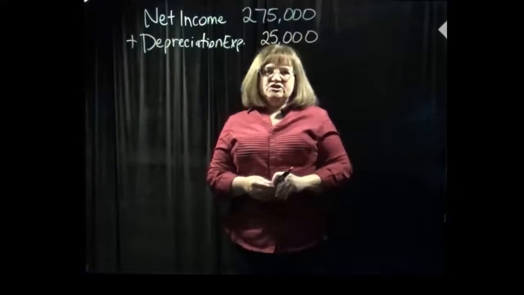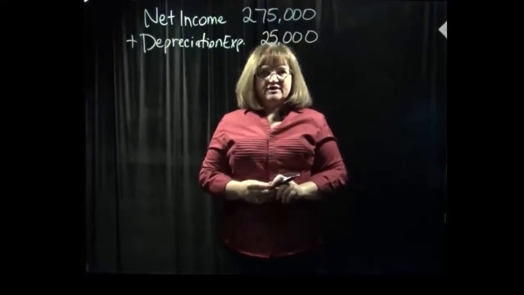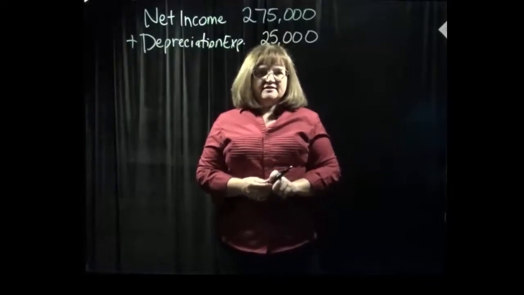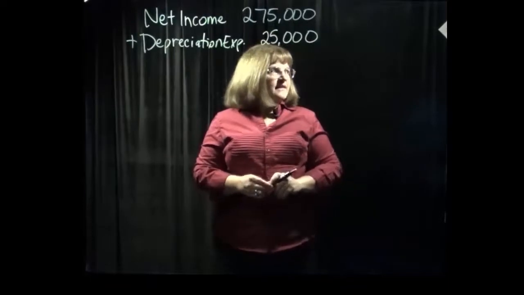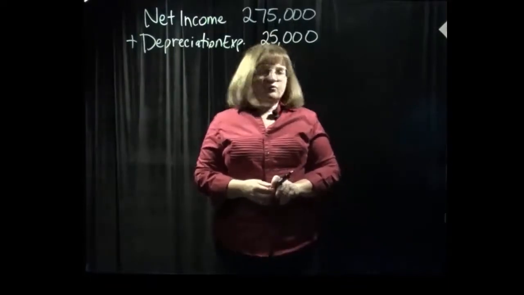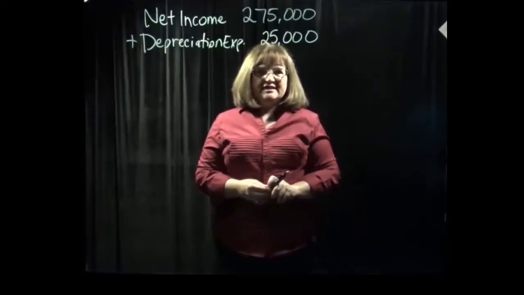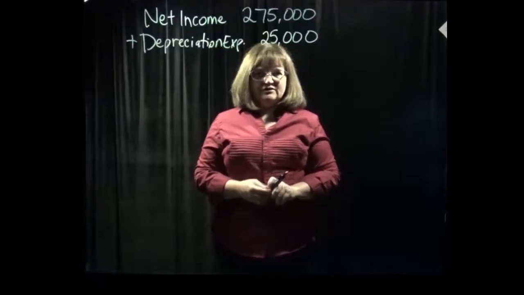Next, we look at the changes in the different current asset and current liability accounts that the problem gave us. The first one is accounts receivable. Accounts receivable is a current asset, and in this case, it went down. What that means to us is we received more cash from our customers than the additional credit sales that we made.